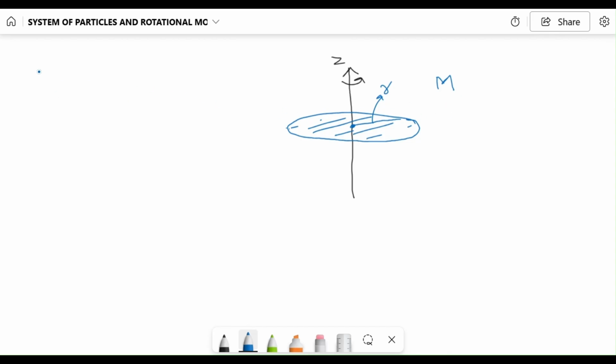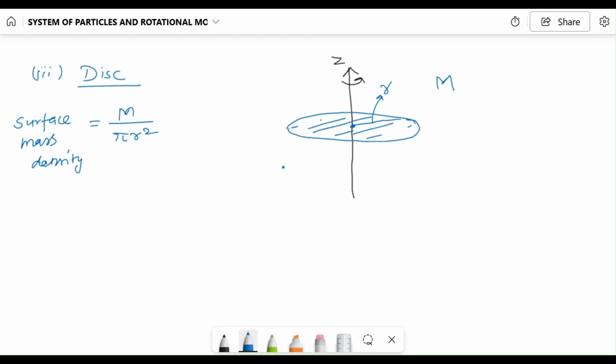Let's say this is a circular disk, of course. Its mass per unit area will be M divided by pi R square, which we can call the surface mass density. So this is mass per unit area.